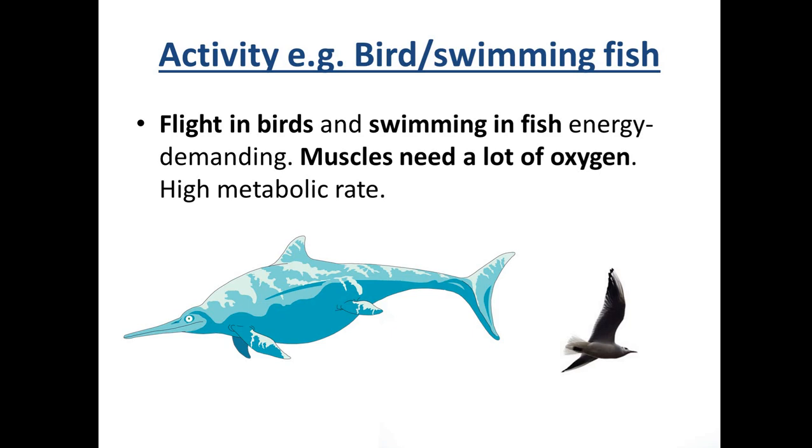And also birds are warm-blooded. They will need to maintain their body temperature, so they'll have quite a high metabolic rate, so they will need a lot of oxygen in their tissues. So the haemoglobin will have a low affinity for oxygen, so it will unload the oxygen to the tissues for respiration.